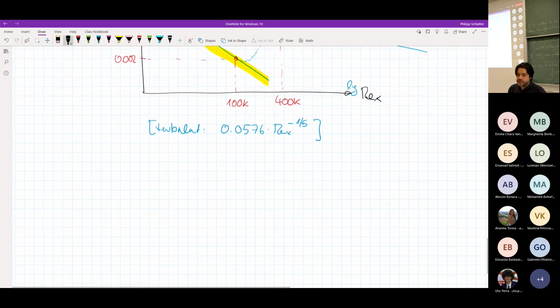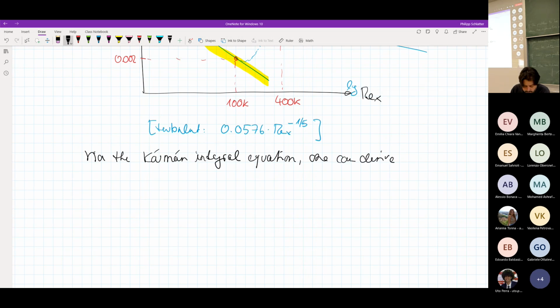Now, in this course, we'll not go through the derivation, but via the Karman integral equation, one can derive the following. We have CF being the same as 2 times d theta dx, which then becomes theta divided by x. So this is a relation which tells you that CF is related to the change of the momentum thickness.